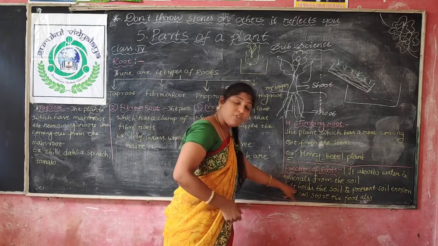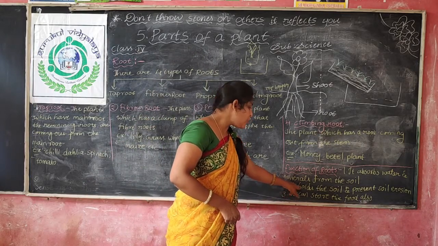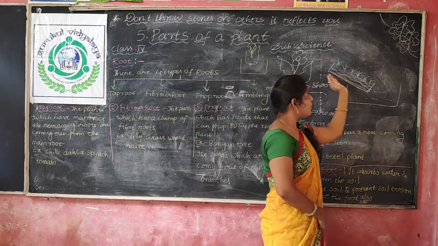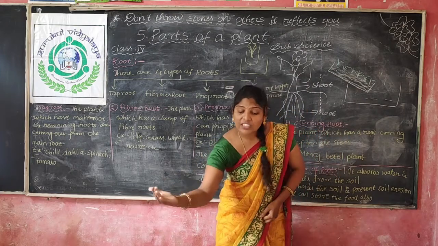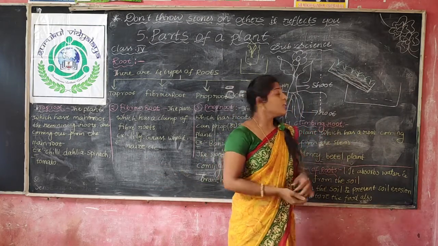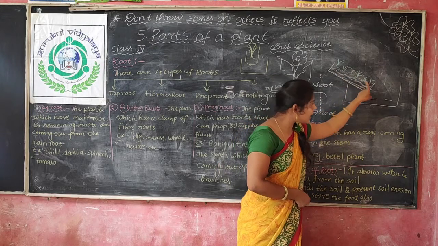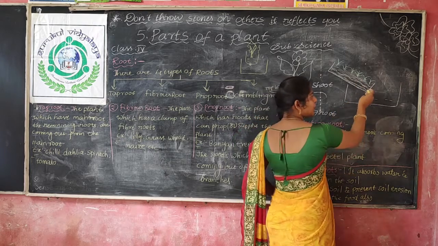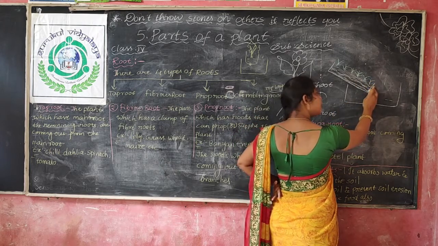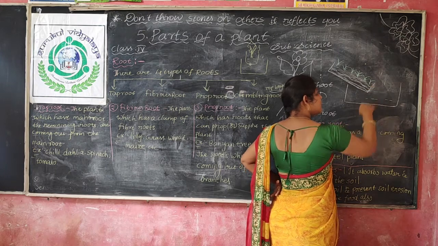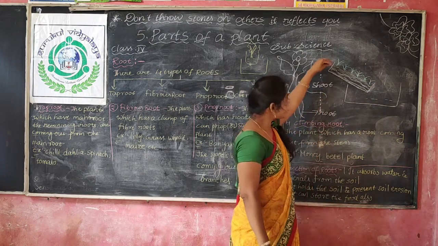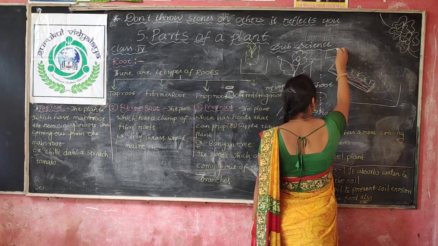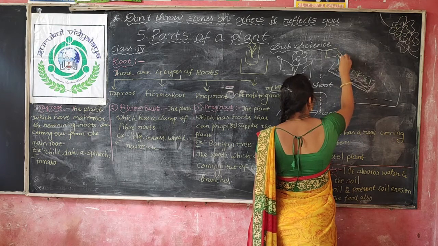And here you can see one more point I told you: the root holds the soil and prevents soil erosion. Take some grass along with one layer of soil, and keep it in a tray. Make an empty place and pour some water.